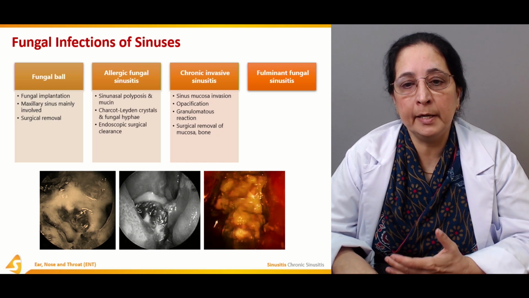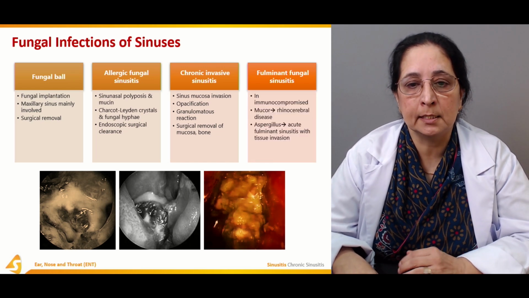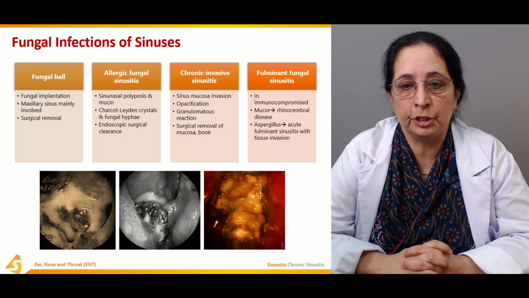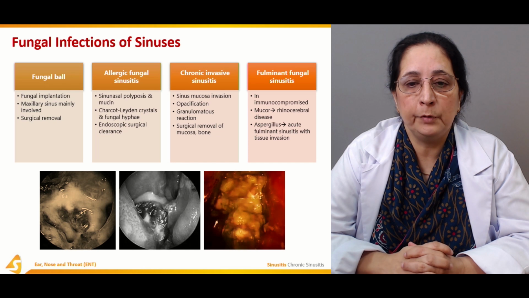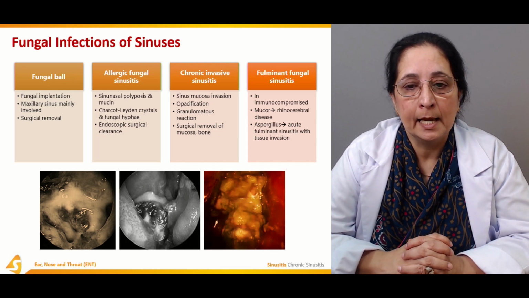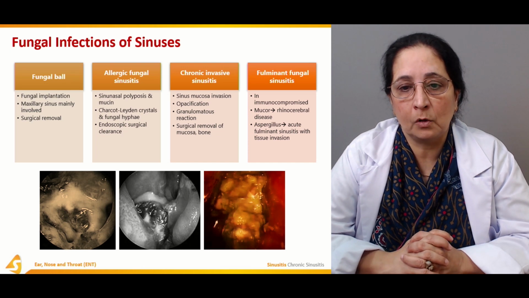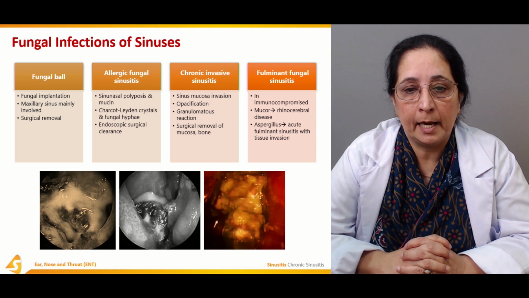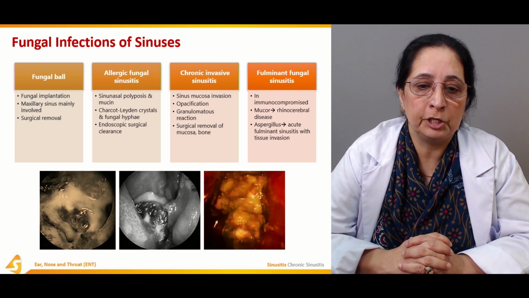Then we have fulminant fungal sinusitis, which is very common in immunocompromised patients. There is mucor formation, which is rhinocerebral disease. Aspergillus can also cause fulminant fungal sinusitis, and there is tissue invasion also.